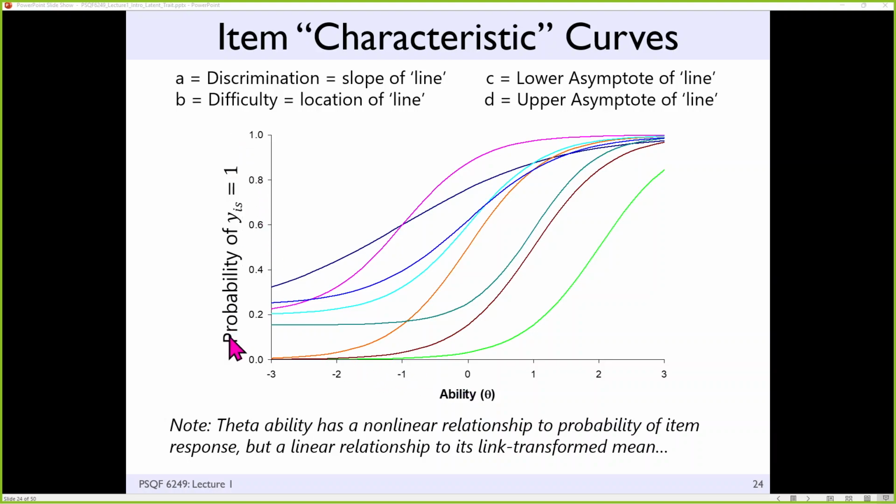And on the y-axis is the probability of endorsing an item or getting it right. So this is a binary item picture. So probability is bounded. The model understands that. The magic of generalized models and logit and probit link functions is that it makes these lines bendy so that they stay within bounds.